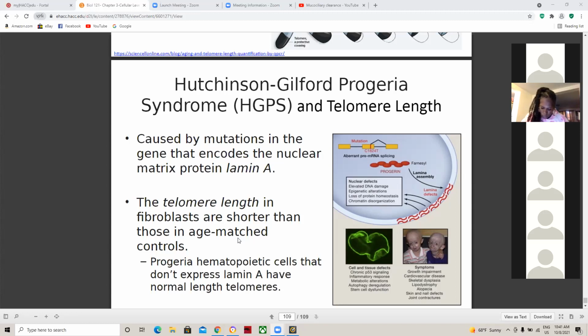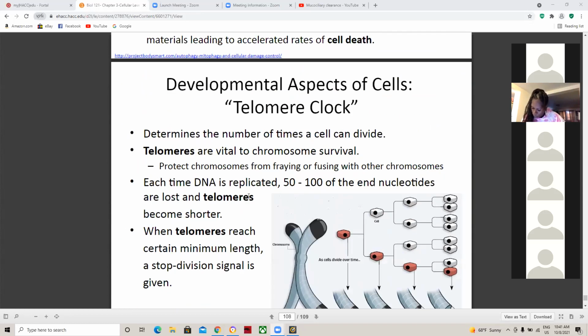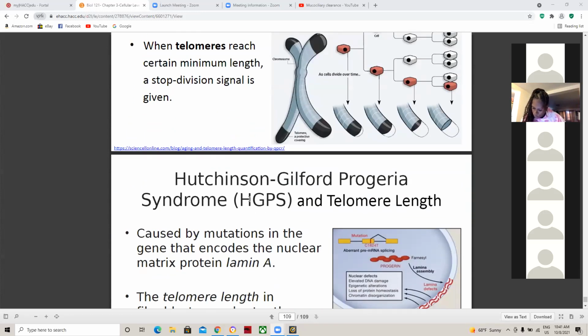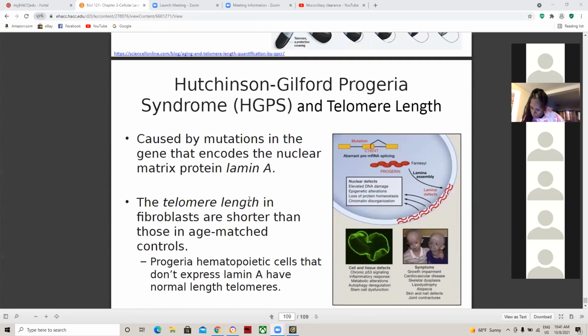So their cells don't have the same capability of dividing and dividing. Their telomeres start at a shorter length. So they have less time on their telomere clock. And if you're familiar with this disease, this is when children age really fast.